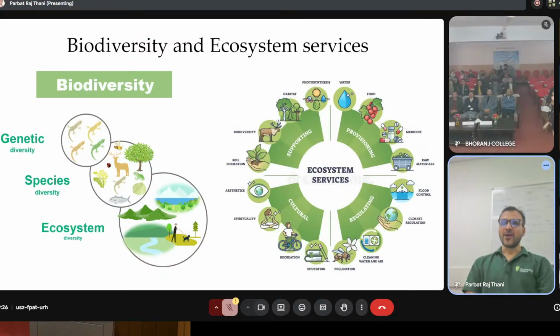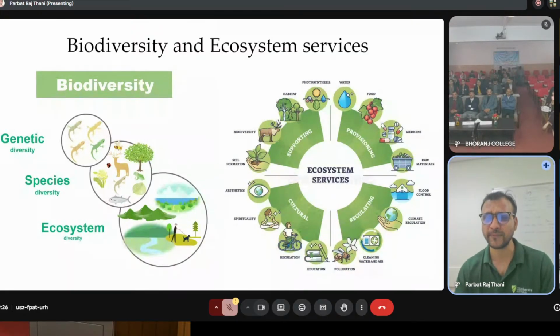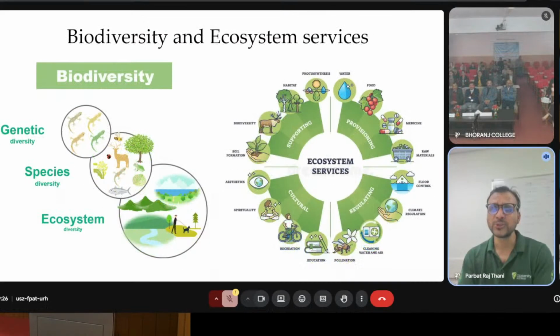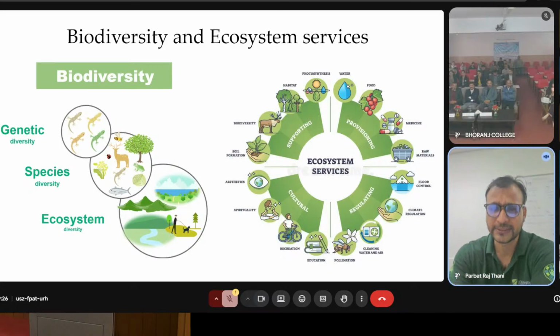And how are we getting those benefits from community forests, and while getting those benefits, have we been able to conserve that biodiversity and the ecosystem and even ecosystem services nicely? This is the main topic of this presentation. So that was just a brief explanation about biodiversity and ecosystem services.